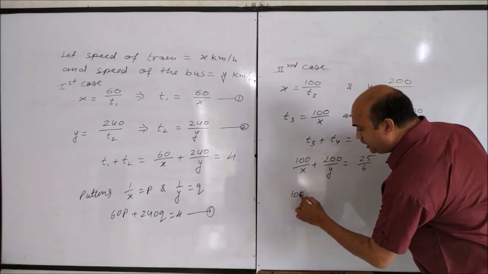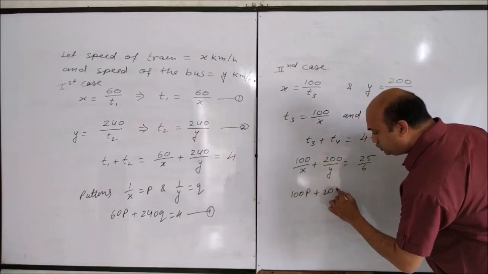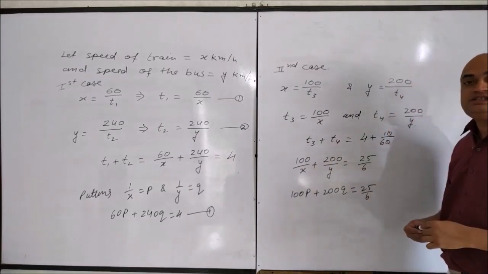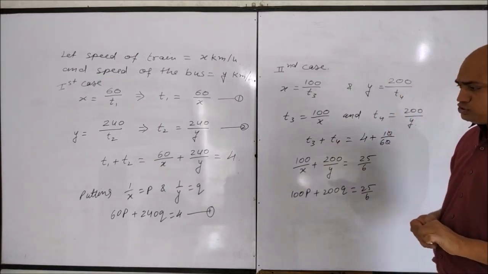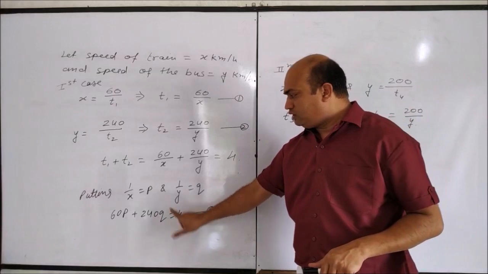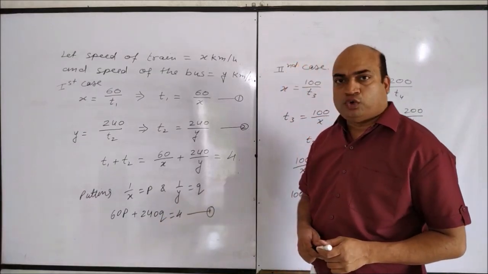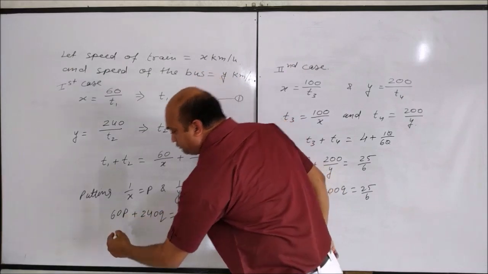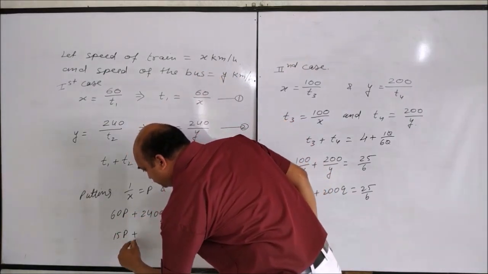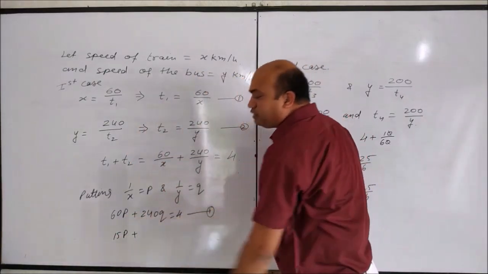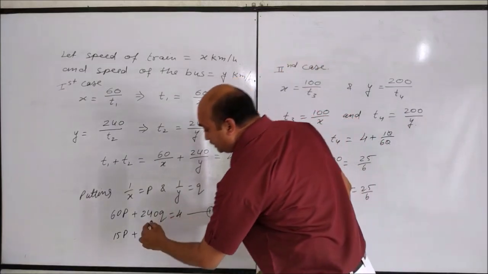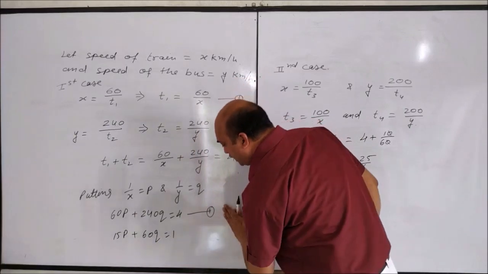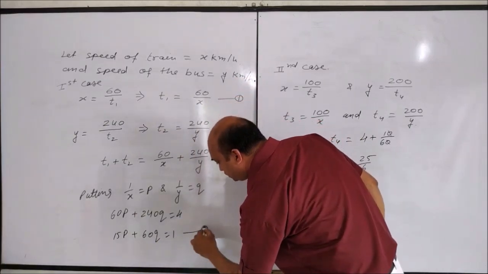So it will be 100p plus 200q is equal to 25 by 6. This equation we divide by 4, then it is 15p plus 60q is equal to 1. Except this, we consider equation number 1.